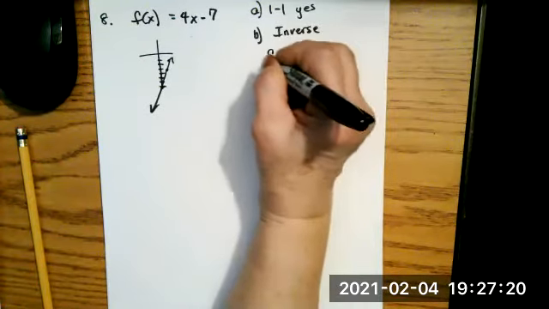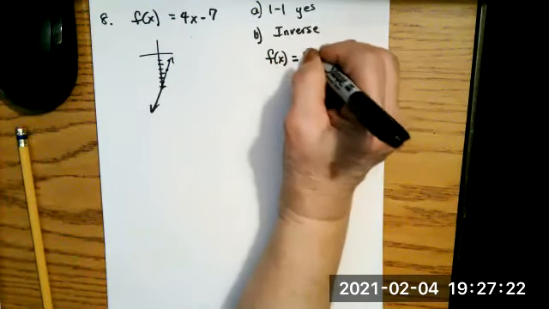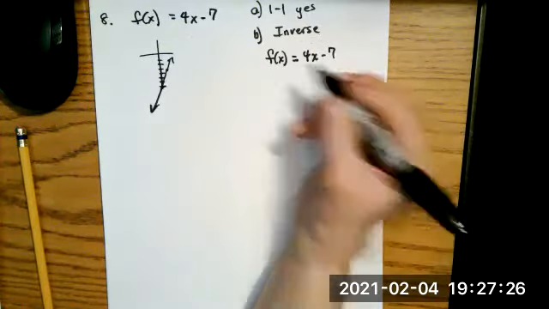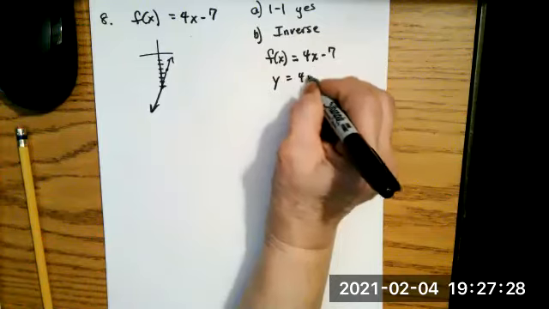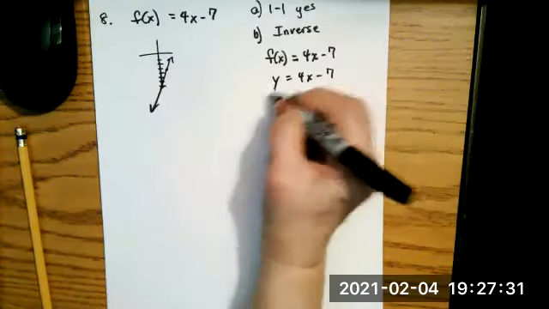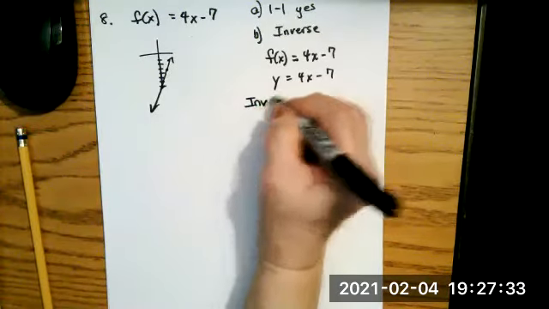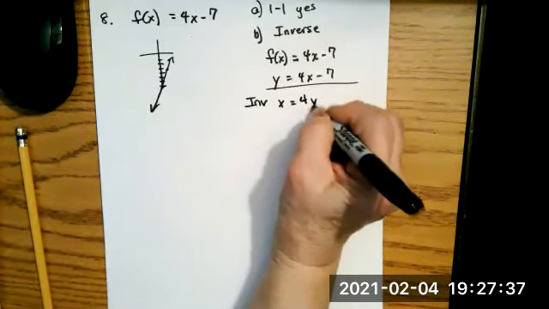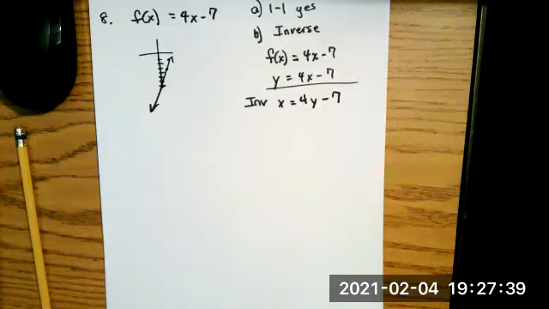Let's see, f of x equals 4x minus 7. y equals 4x minus 7. Then I'm going to do the inverse. Inverse is x equals 4y minus 7. Notice that all I do is pick up the x and put it where the y is. Pick up the y and put it where the x is.